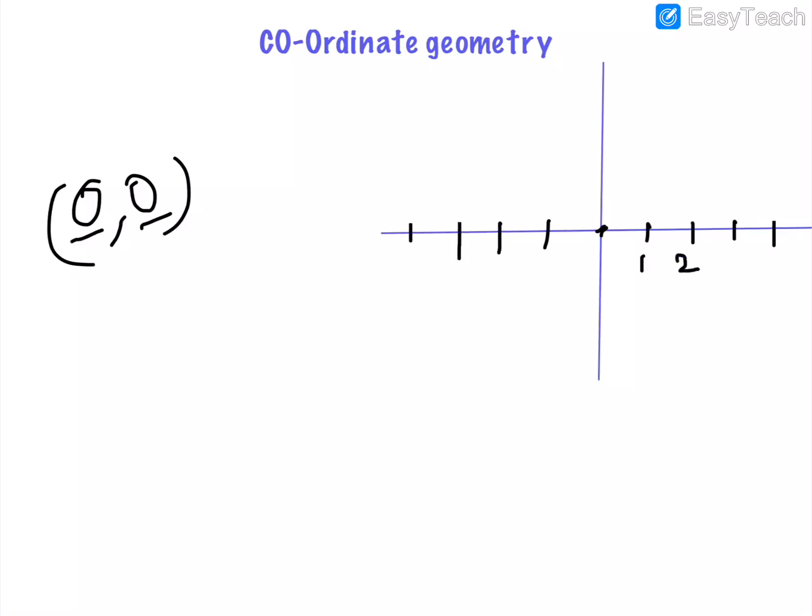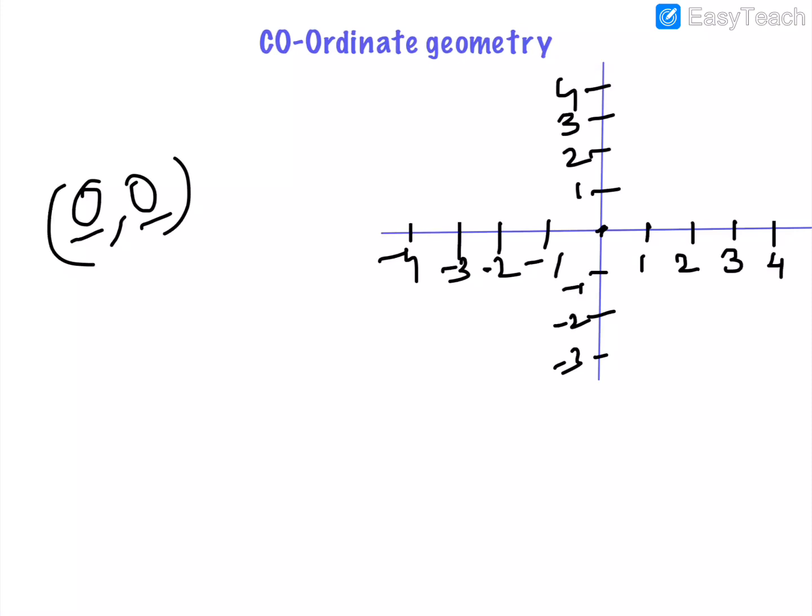So this way we have marked the number line on the x-axis, and the same number line perpendicularly, vertically, we have taken, positive in such a way that positives are towards the upside and the negatives in the downside. So this is how we have marked various values on axes x and y, and these we are calling as coordinate axes.